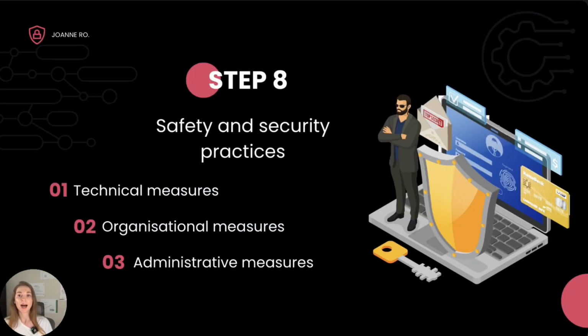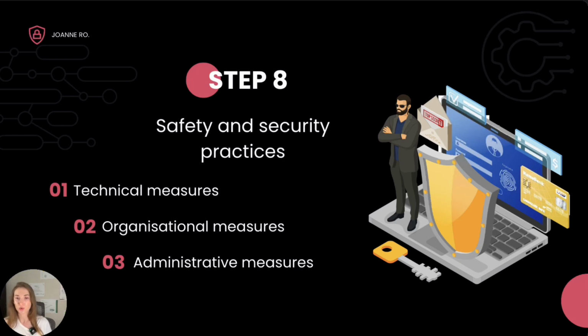Step 8. You also might include a clause in your privacy policy explaining how you plan to keep your users' personal information stored safely and securely. All security measures can be divided into 3 groups. First of all, technical measures. They can be defined as the measures and controls afforded to systems and technological aspects of an organization, such as devices, networks, and hardware.